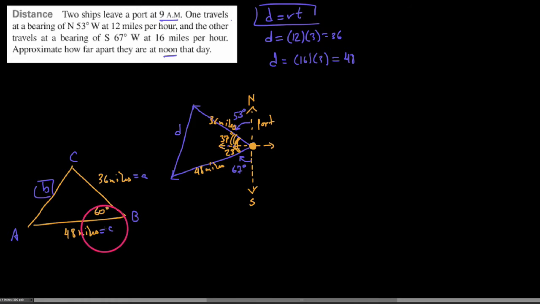Because we don't have a side-angle pair, what we're going to have to use is our law of cosines. Because I want to find b, we're going to use the form of the law of cosines that starts with little b.